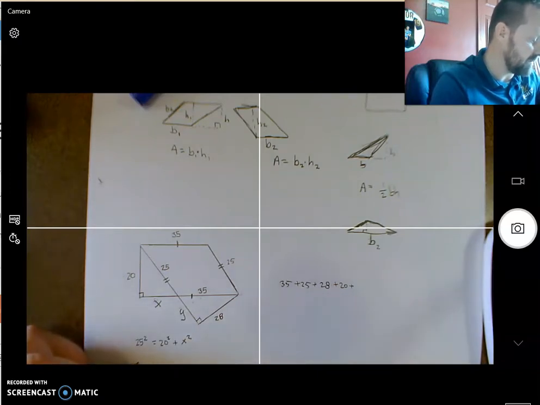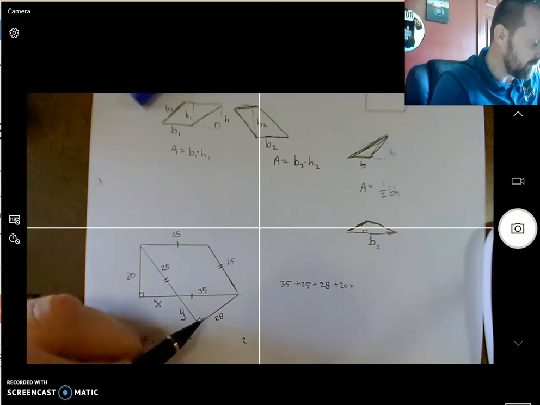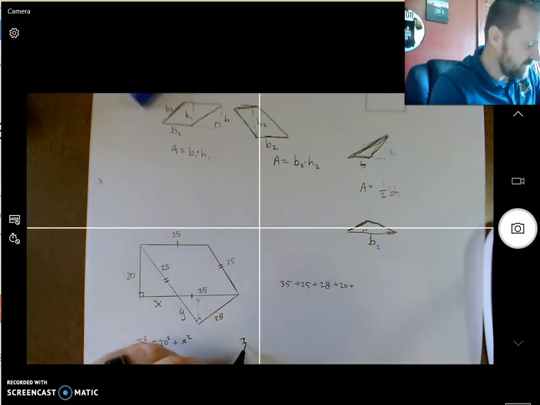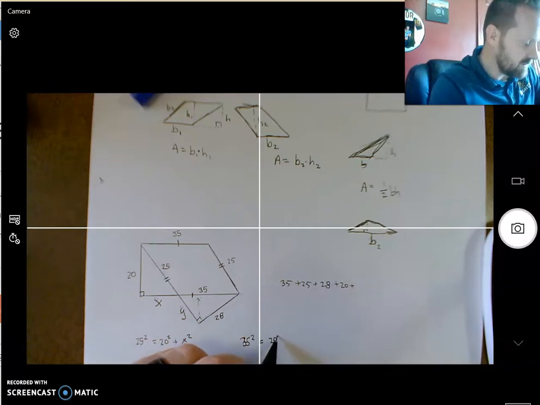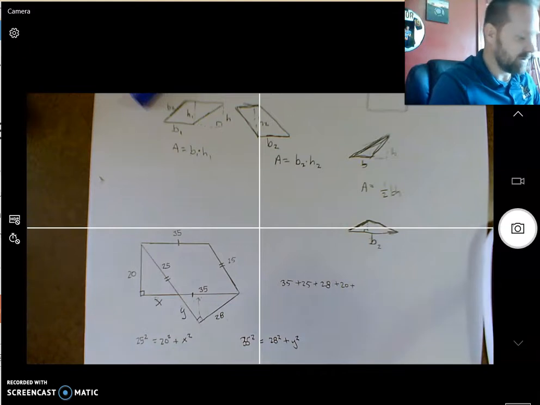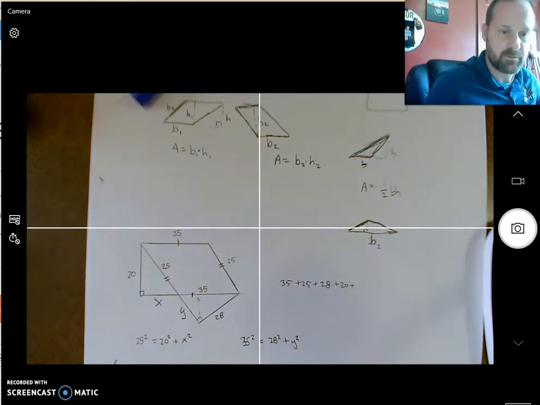I'm going to set the other one up over here. Remember, opposite the hypotenuse. So this one is 35 squared equals 28 squared plus y squared. I'm going to go ahead and solve that real quick and show the final product here.